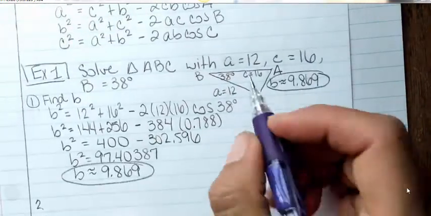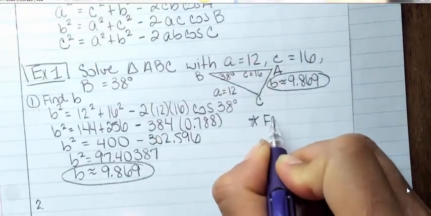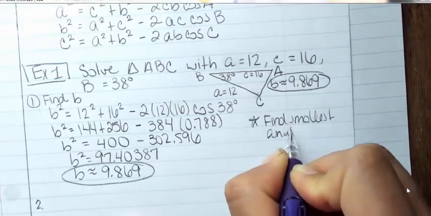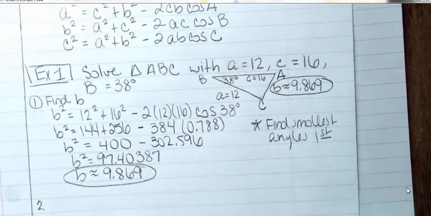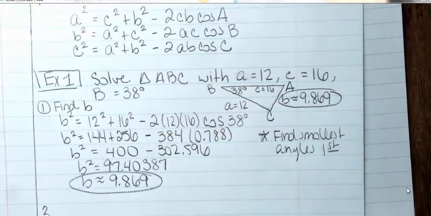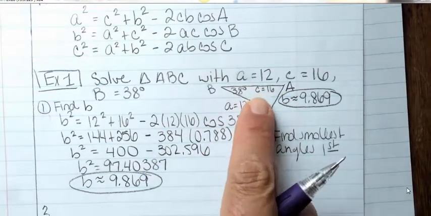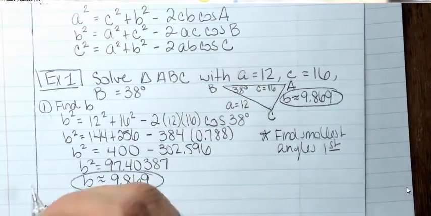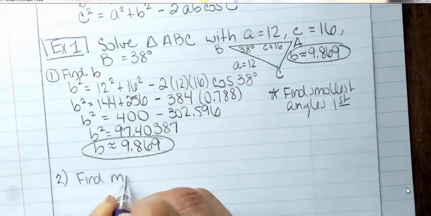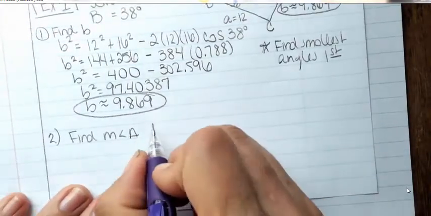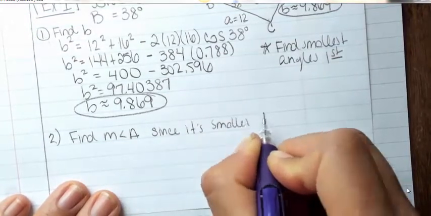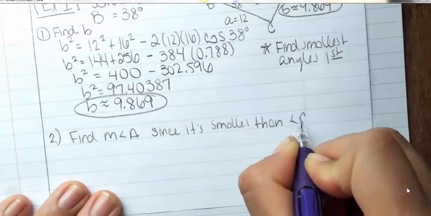So I'm going to put a little star here: find smallest angles first. So I have the smallest angle. I'm now going to find A, which is going to be the second smallest angle. And then I'll find the last angle, which is going to be my largest angle. So I'm going to find measure of angle A, since it's smaller than angle C.